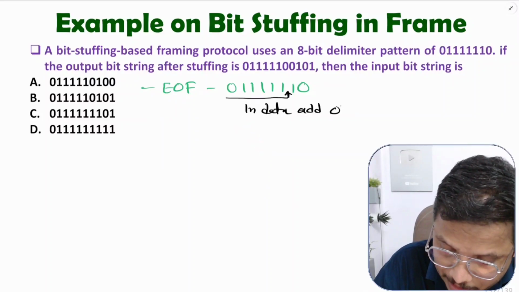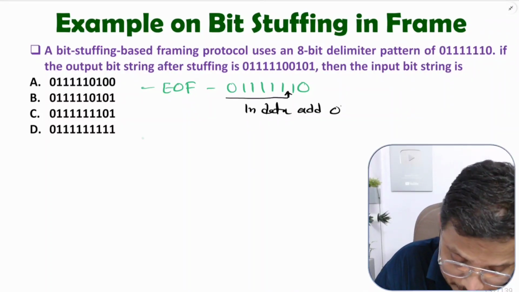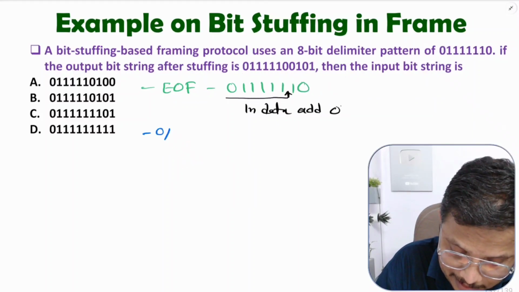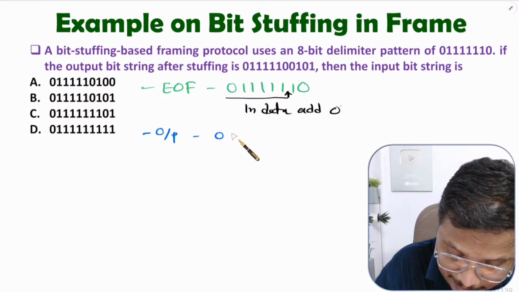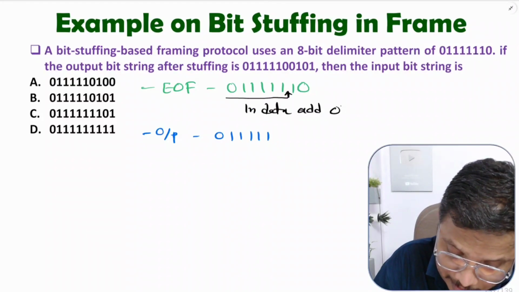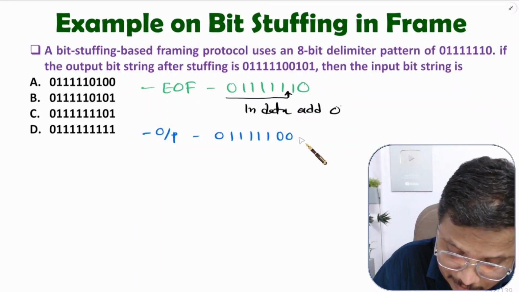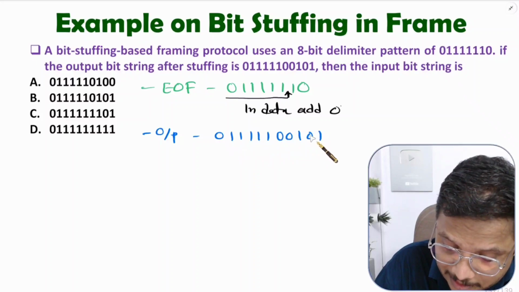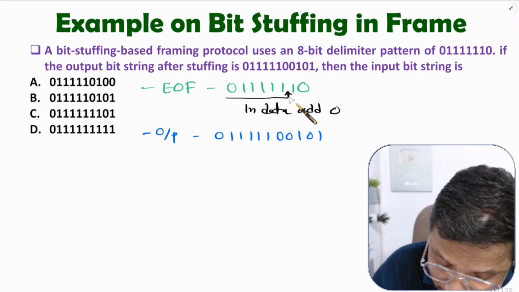So what will happen? If this is the data, that is the output data, let me write it: 0, then five 1s, then 00, then 1, 0, 1. This is the output data. But that output is generated by adding 0 somewhere over here.